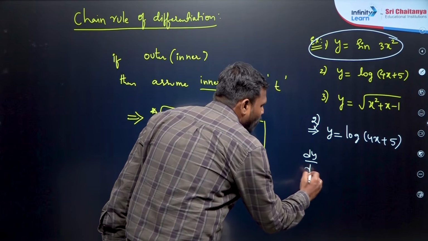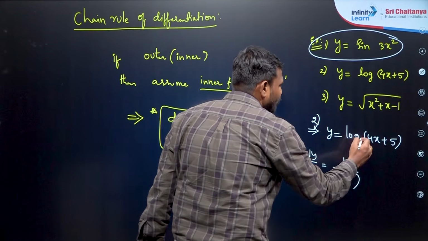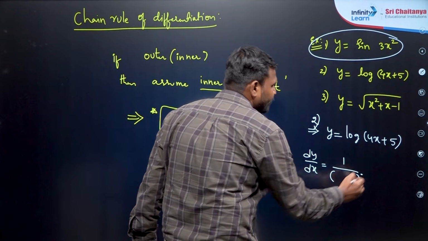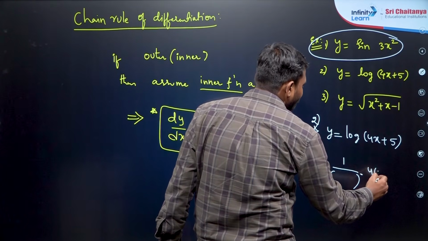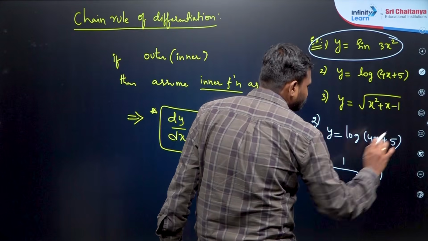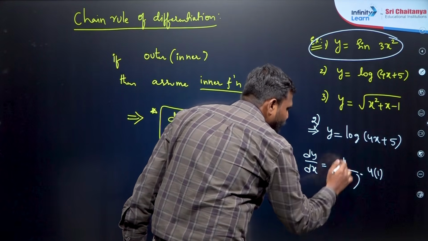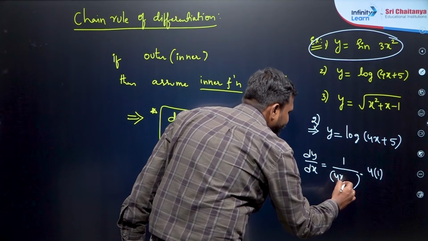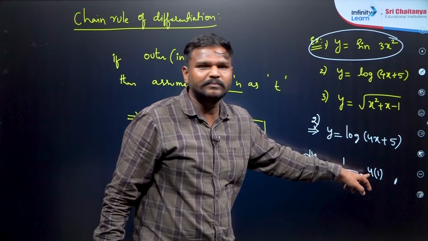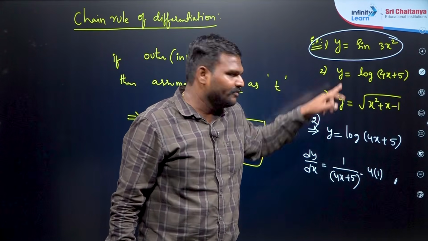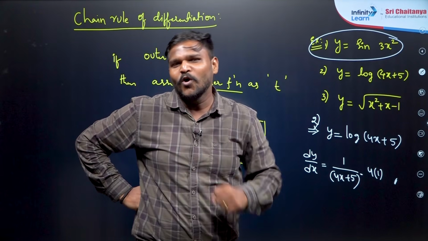So derivative of outer function, log of something, 1 by something, log t, 1 by t, into inner function 4x plus 5, 4 outside, derivative of x is 1, plus constant derivative 0. So 4x plus 5 derivative is 4, this is derivative of inner function, and log of something is 1 by something. So the answer for this question, in very simple terms, is derivative of outer function into derivative of inner function. Similarly, third question you can do as a homework.